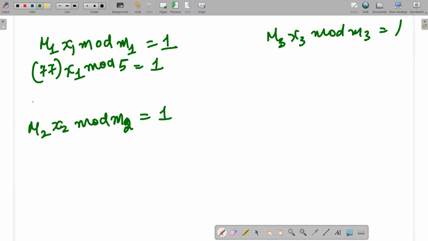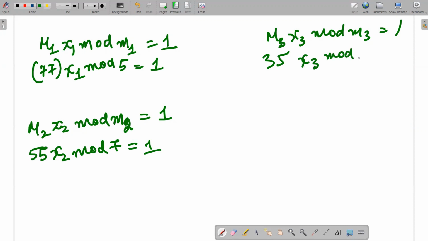Similarly, 55 x2 mod 7 is equal to 1, and 35 x3 mod 11 is equal to 1. If I calculate 77 mod 5, the answer is 2.